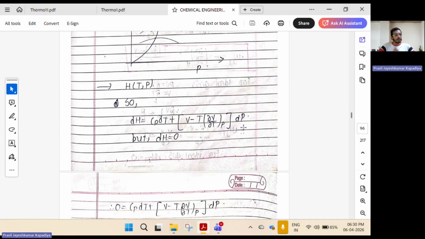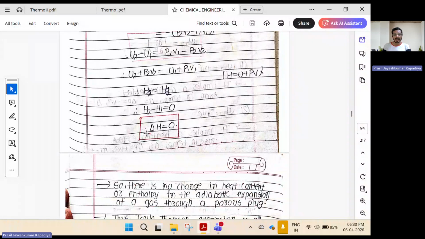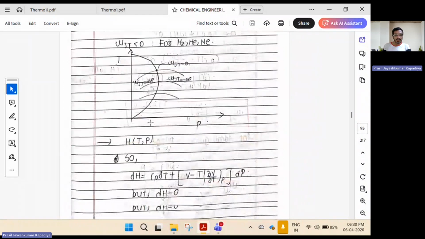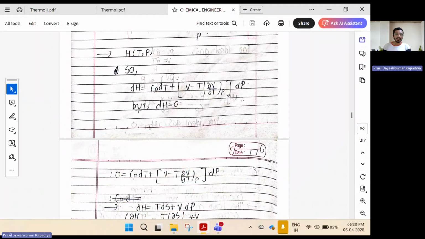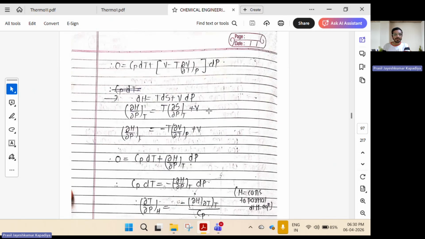Now what do we know for the Joule-Thomson expansion? It is going to be an isenthalpic process. So for that process dH is equal to 0. That's why we are left with 0 equal to Cp dT plus V minus T del V by del T at constant pressure, times dP.